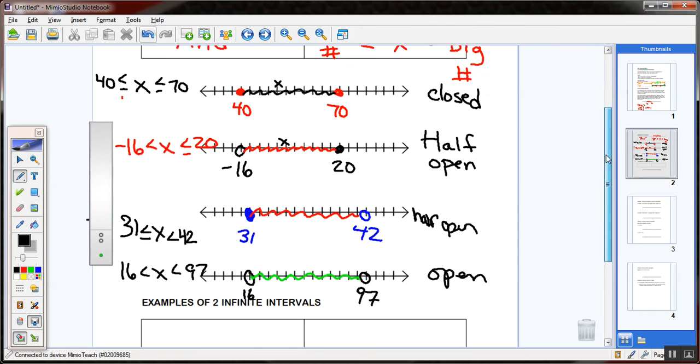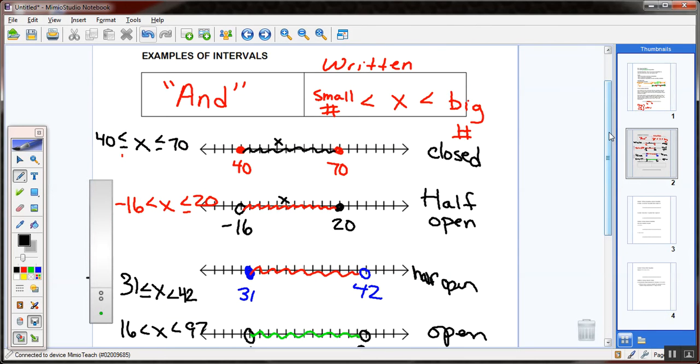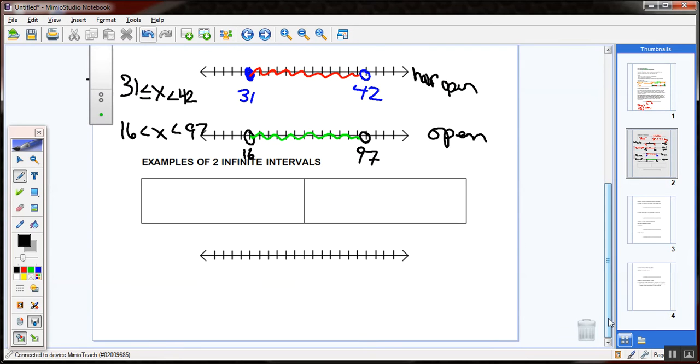If you see values shaded between 2 points, always go back to this, okay? These are intervals. Okay, so let's talk about infinite intervals. Infinite intervals are like the following. They're going to first of all use the conjunction or, and they look like whiskers.